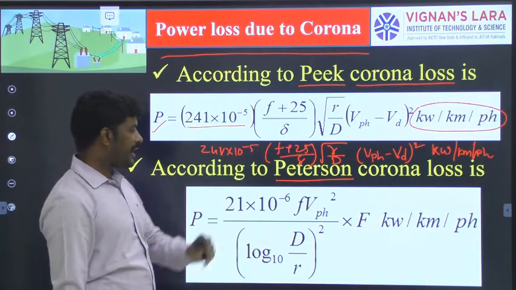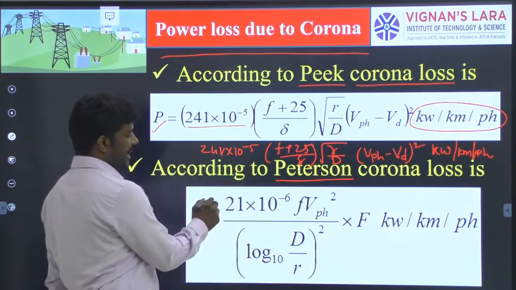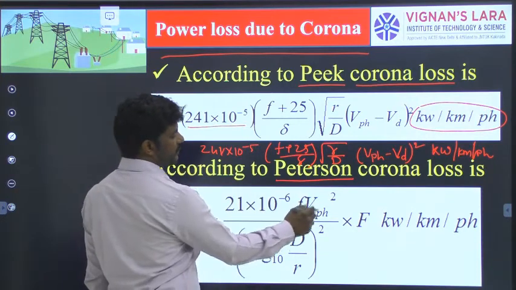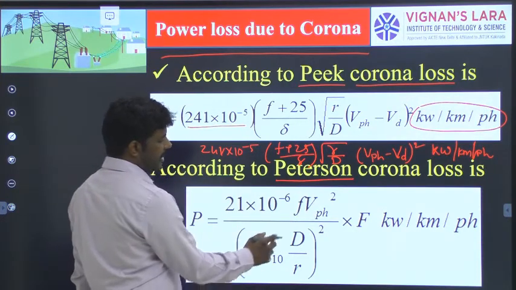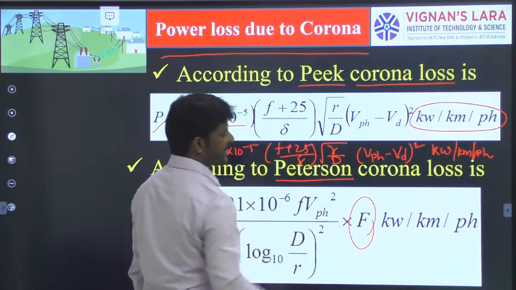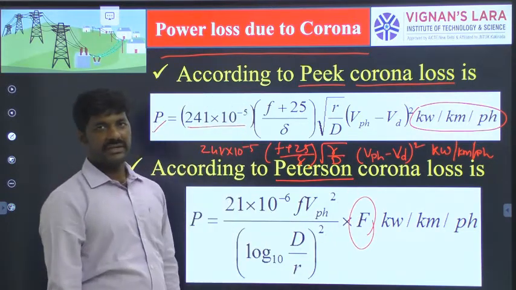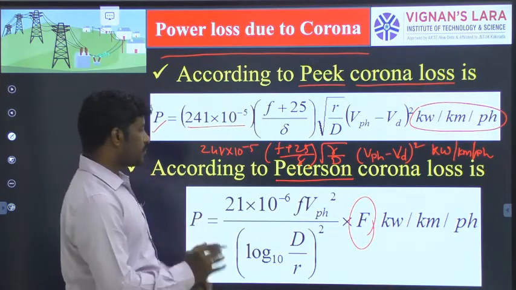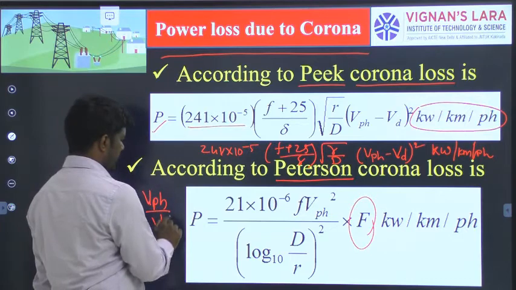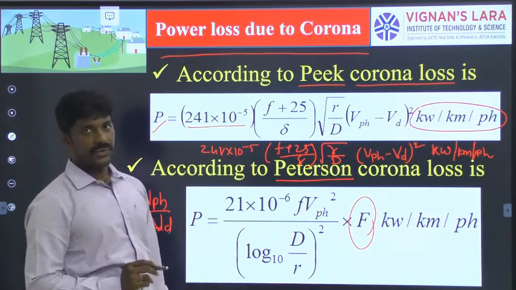The same corona loss is given by 21 into 10 power minus 6 f into V phase square by (ln of D by R) whole square into F. This F is a factor which varies according to the ratio of V phase to VD, which will be given to us.